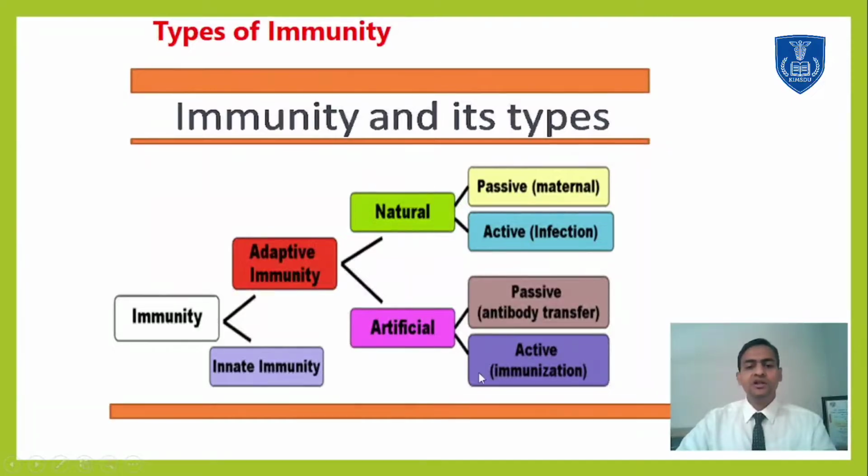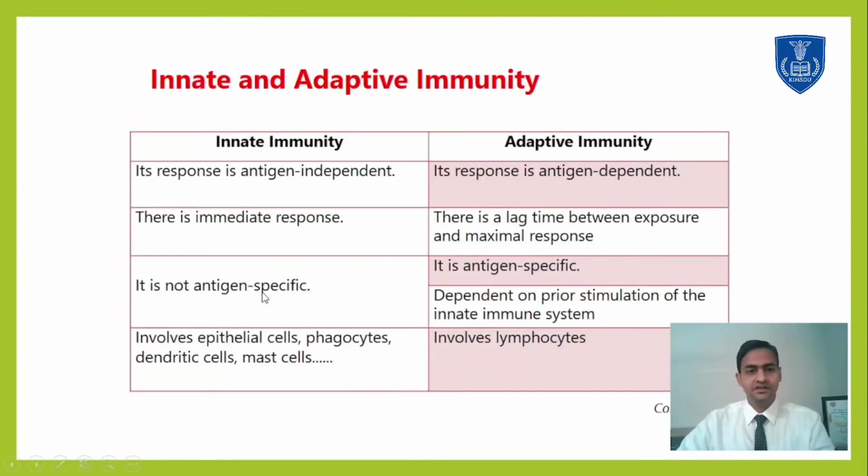In this particular modular training, we are going to deal more with, or we should understand about, this artificial immunity, which will work in the development or seroconversion of any antibodies.